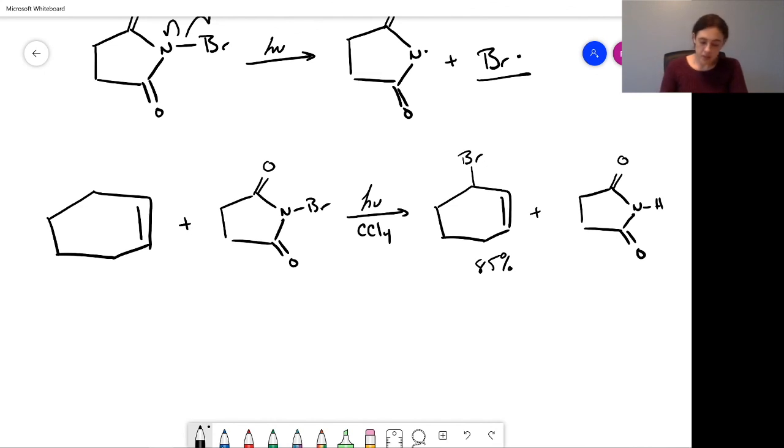So this allows you to selectively produce the radical halogenation product and not the electrophilic addition product.